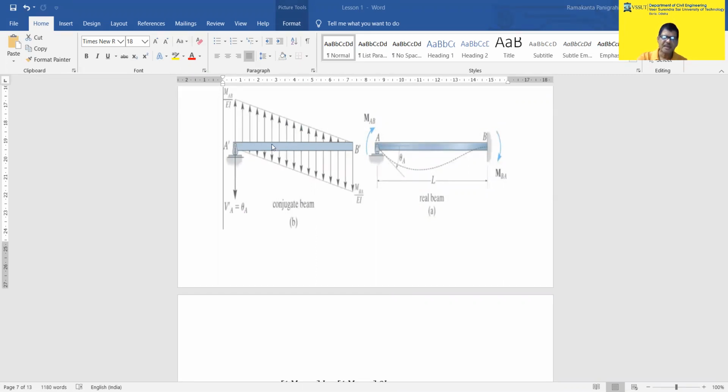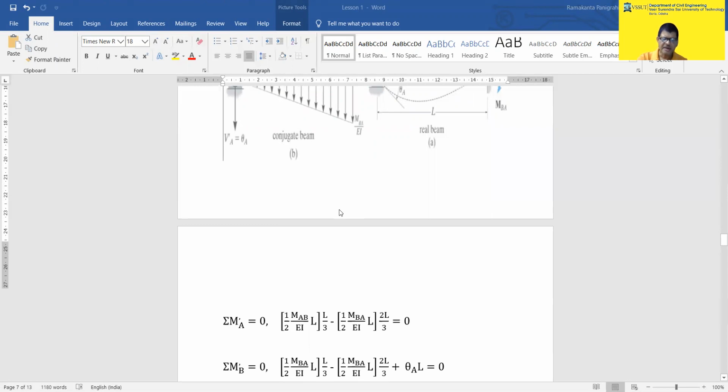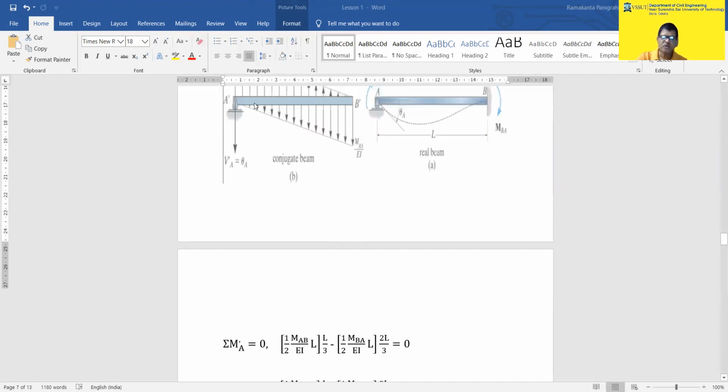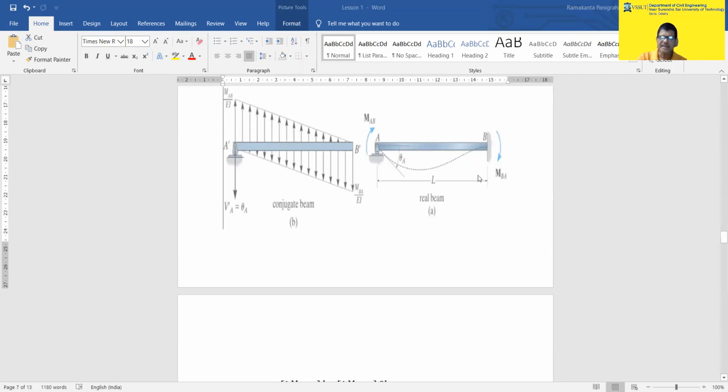Taking moments, this is a triangle, so the centroid is 1/3 from one side and 2/3 from the other. So half MAB by EI into L is the total force, acting L by 3 from the support. Similarly, this will be half MBA by EI into L, acting 2/3 from this side. One is acting downward, one upward.